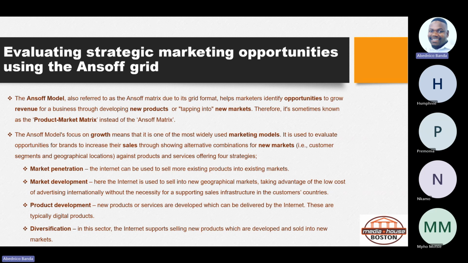You've got some product development. And of course, we have also seen some form of diversification. Can you guys name some of the brands that you believe have diversified? Which brands do you think have diversified?